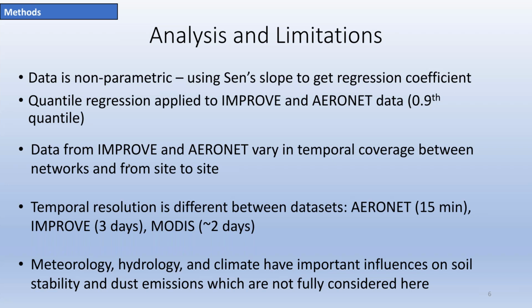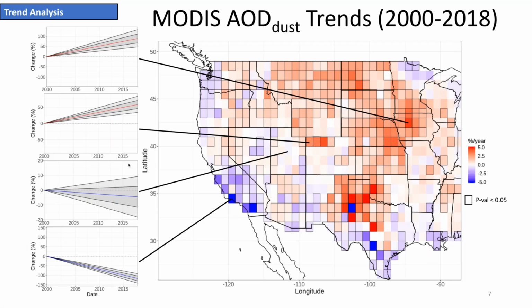And further, the temporal resolution is different between AERONET, IMPROVE, and MODIS, which is important when we consider that dust emissions are often an intermittent event. And finally, meteorology, hydrology, and climate do have important influences on soil stability and dust emissions, but those are not fully considered or represented here, especially in this 15-minute time frame that I have to share with you.